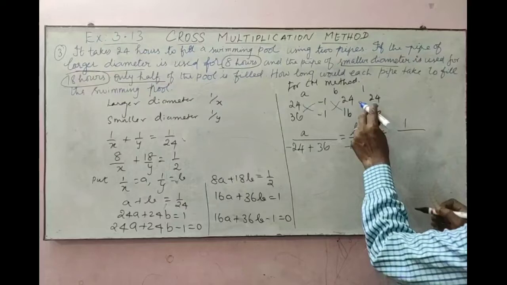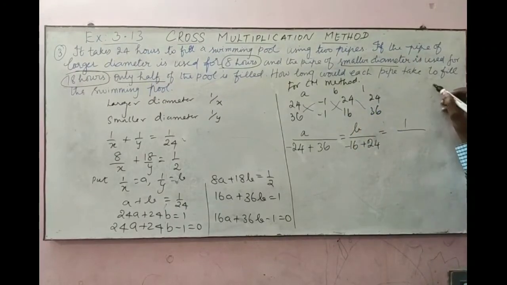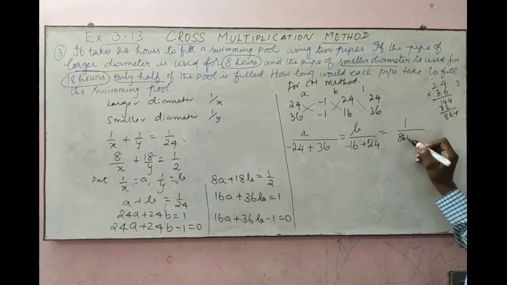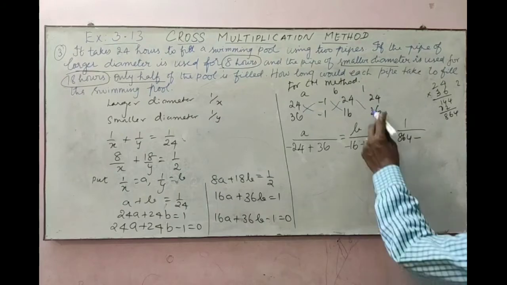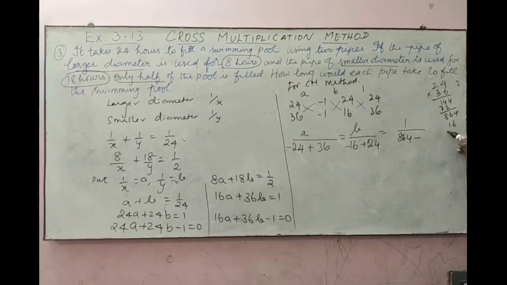Equal to 1 by 24 into 36. 24 into 36: 6 4s are 24, remainder 2. 12 plus 2, 144. 24 into 3 gives 72. 4, 6, 8. 864. Minus 16 into 24: 4, 6 are 24, remainder 2. 4 plus 2, 6. 32. 384.